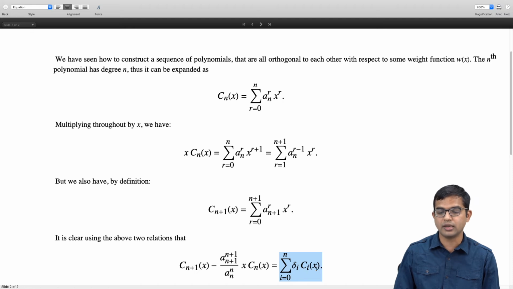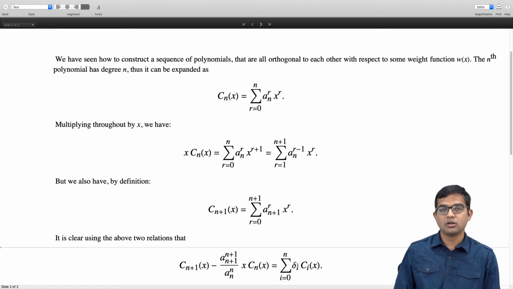So you can always find a set of coefficients delta_i, where i runs all the way from 0 to n, such that this summation of delta_i Ci is indeed the polynomial that you want to extract. It's an nth degree polynomial. All these coefficients delta_i are for sure possible to find. And in fact, it turns out that not all of these coefficients are going to be non-zero.